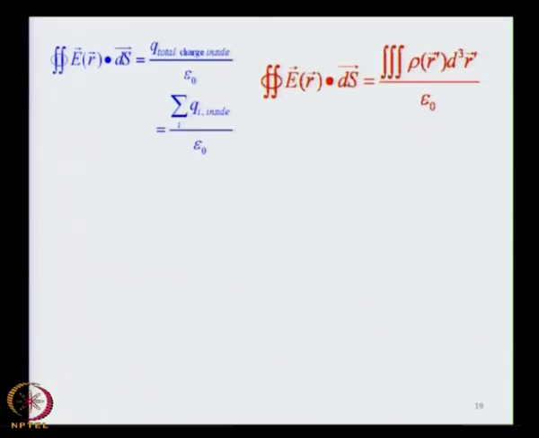So, they could actually be charge densities, and then you integrate the charge density, charge per unit volume, multiplied by the volume element over the entire volume where the charges may reside inside the surface, and you have the relationship that the surface integral of E dot ds is equal to a volume integral of the charge density divided by epsilon 0.